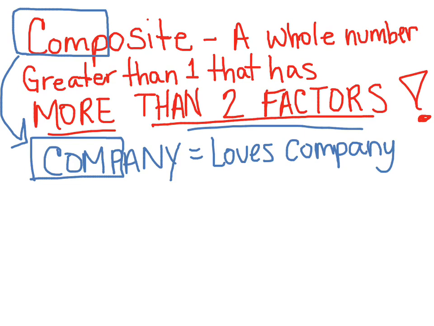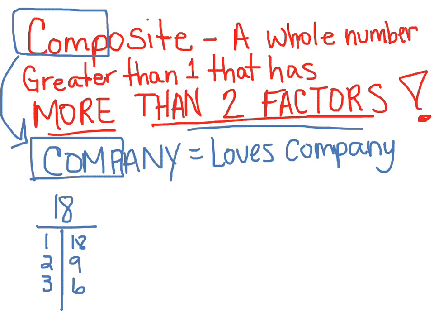So if I'm going to look at a number, say 18, I'm going to do a T-chart for the number 18 and see how many factors it has. 1 times 18, 2 times 9. 3 goes into 18 6 times. 4 doesn't go into 18 evenly. 5 doesn't go into 18, and then 6 does.